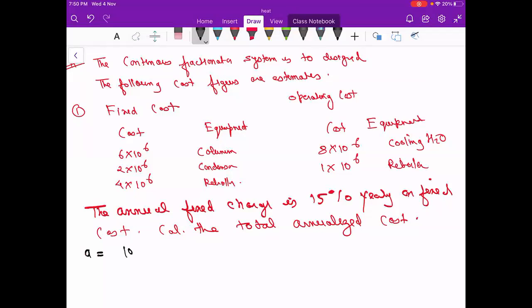A 10.8, B 13.35, C 15.9, D 3.95. Every term is multiplied by 10 to the power 6. You have to calculate the total annualized cost.